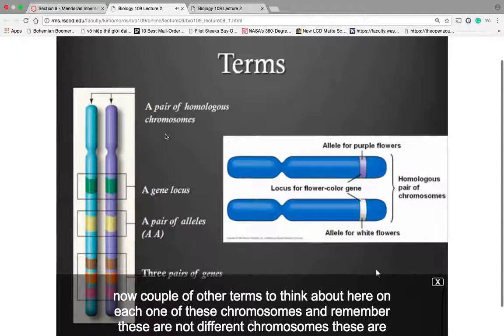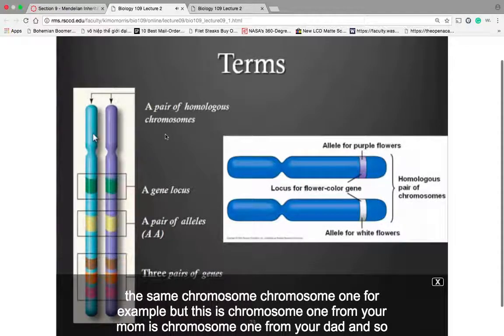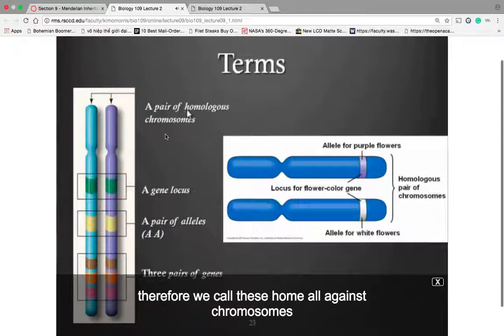Now, a couple of other terms to think about here. Each one of these chromosomes, remember, these are not different chromosomes. These are the same chromosome, chromosome 1, for example. But this is chromosome 1 from your mom, this is chromosome 1 from your dad, and so therefore we call these homologous chromosomes.